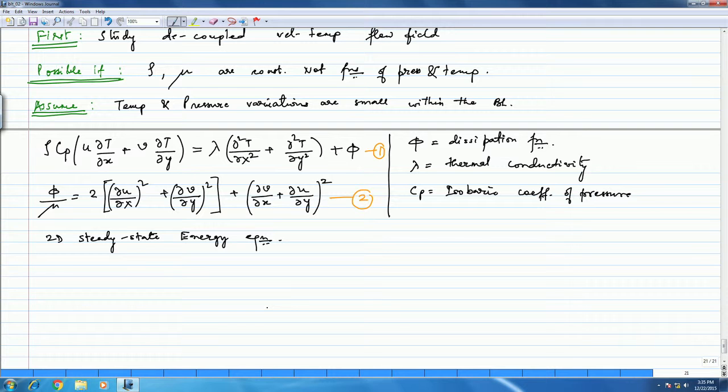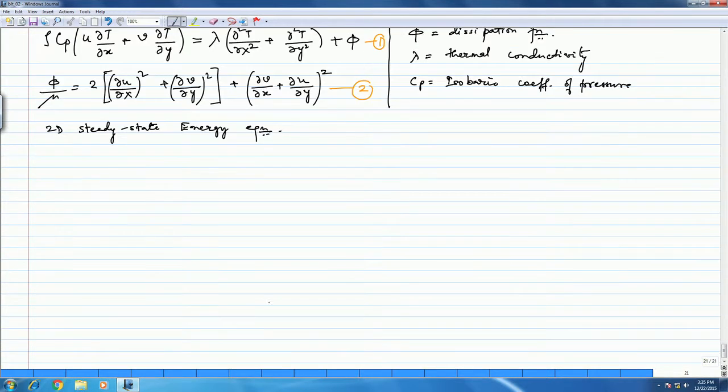Now let us start from a little further back and understand what's going on here. Now the energy equation, if I were to write it like this, where this is equal to total energy.